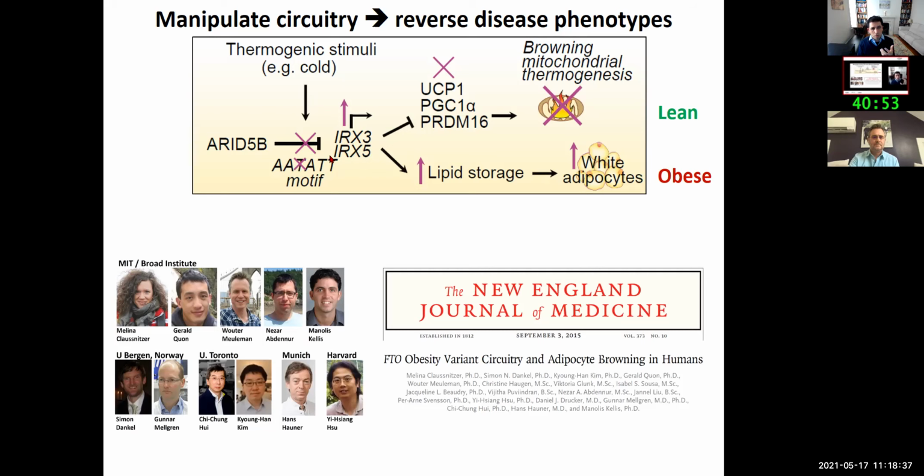And then what do these genes do? Their function was previously unknown and unrelated to metabolism.